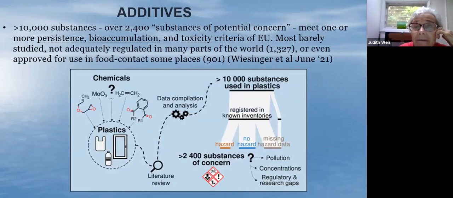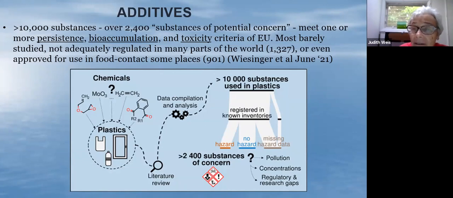A very recent study, just a month ago, looked at the additives that were put into the plastic and said there were more than 10,000 different substances that can be used in plastic. Over 2,400 of them are what they call substances of potential concern, which means they're either persistent in the environment, or they bioaccumulate in organisms, or they are toxic.